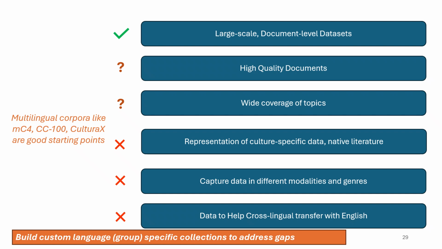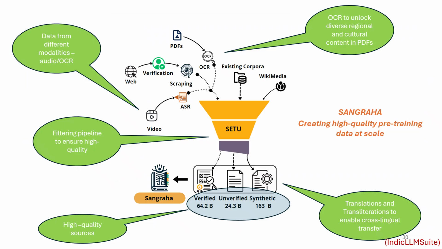As an example of that, I will cover the Indic LLM suite. The Indic LLM suite builds Sangraha, which is a collection of high quality pre-training data at scale for 22 Indian languages.